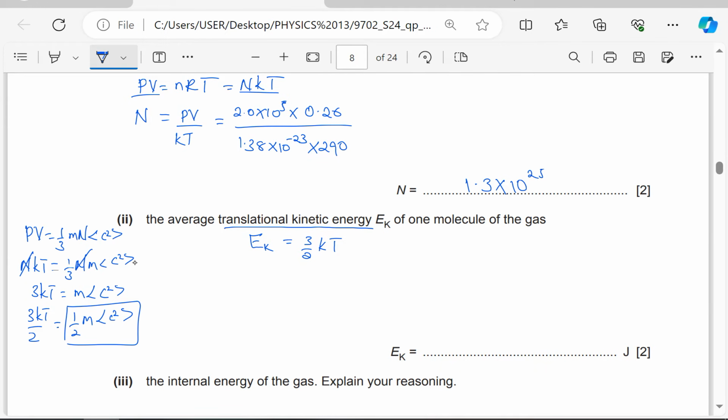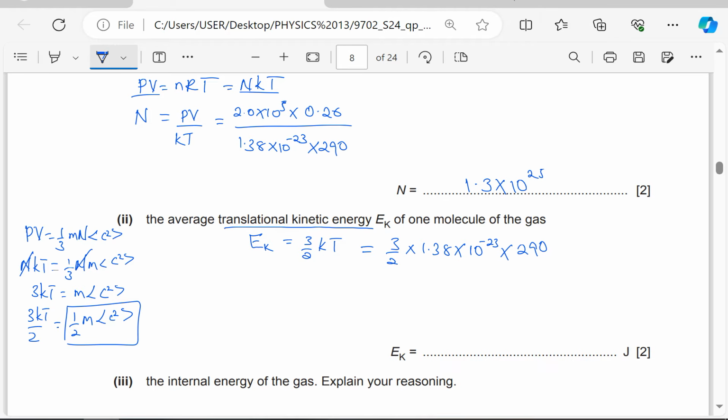So I'll just substitute in this formula. This is going to be equal to 3 over 2 times 1.38 times 10 to the power of minus 23 times T, which is 290. For students who have been watching my topical videos, this is one of the easiest questions.